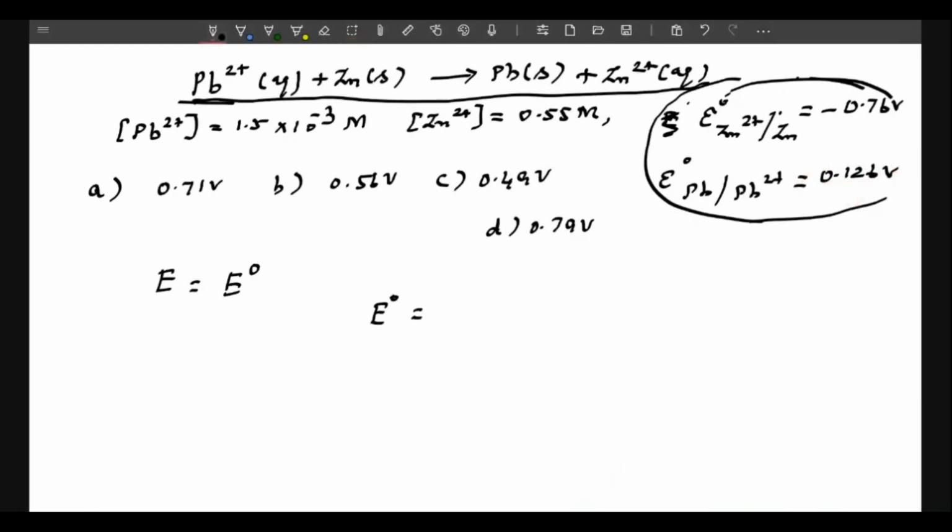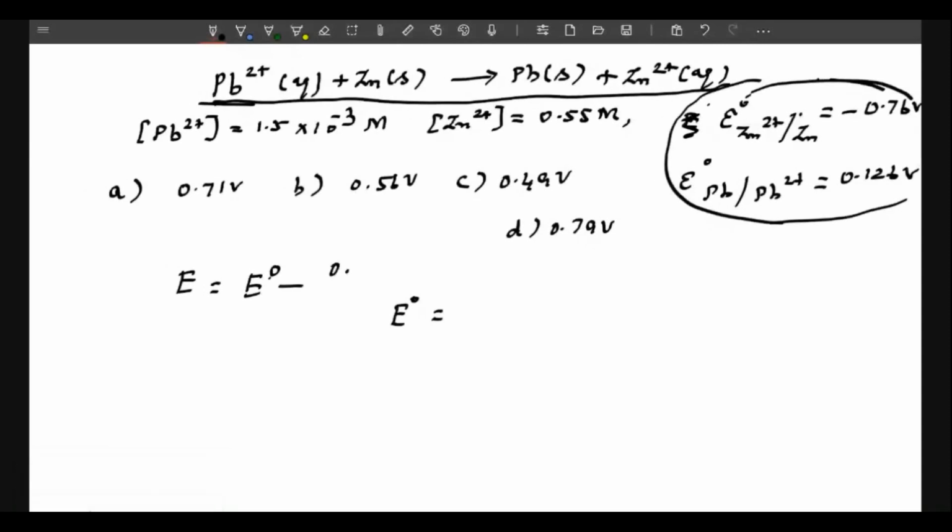Therefore, change it into the reduction potential. Find out the E naught of the cell, substitute minus 0.059 (the temperature in the standard state) by n, the number of electrons involved in the process. Looking into this, you can immediately tell the number of electrons involved. How many electrons? 2 electrons.